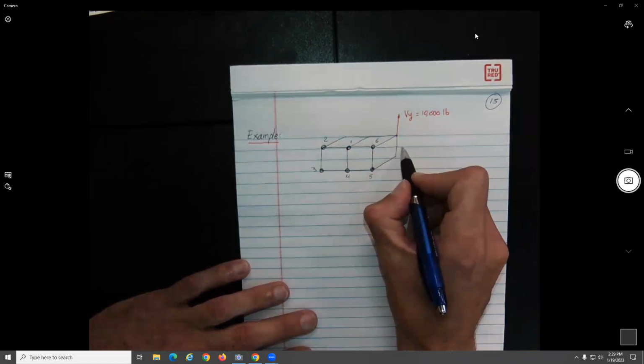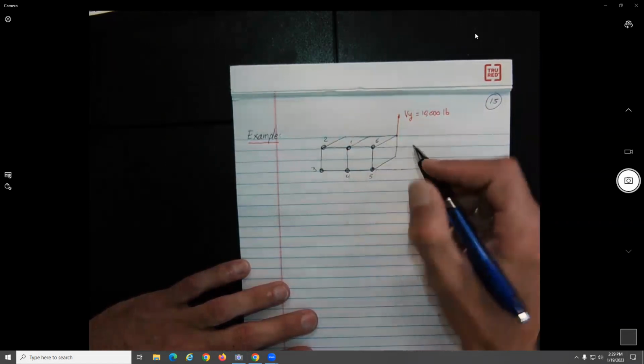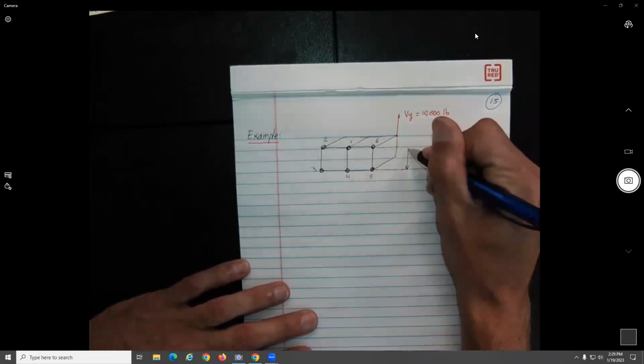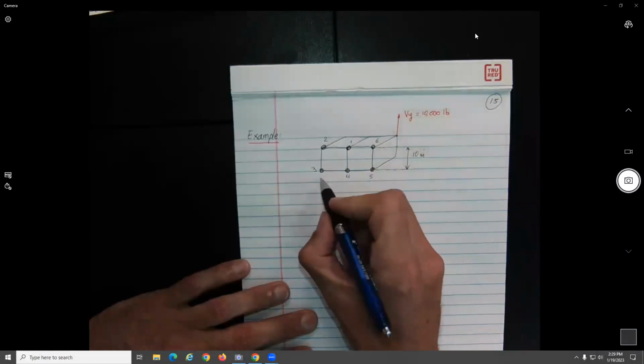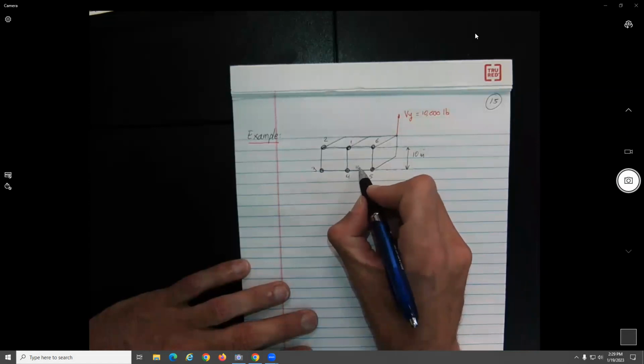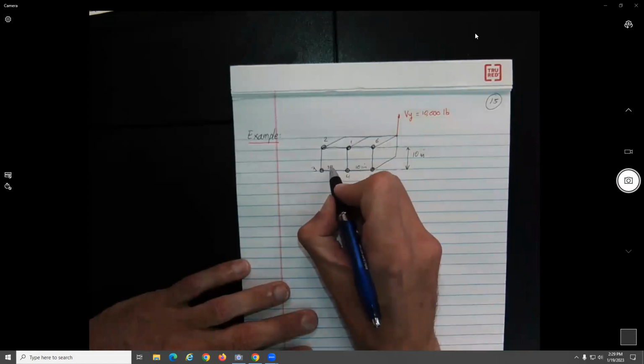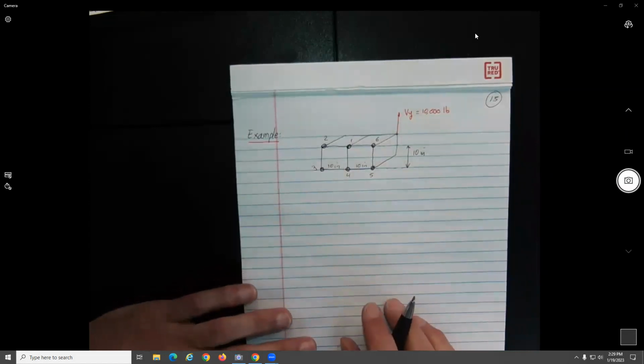The height of the cells is 10 inches, and the width of both of them is 10 inches. They are the same, so basically they are square.